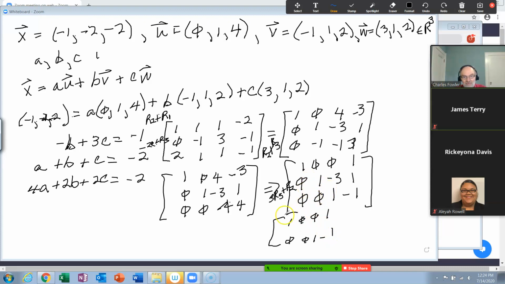And then doing 3 times row 3 plus row 2 gives a 0, 1, 0, minus 2. Did I do it right? Yeah, okay.